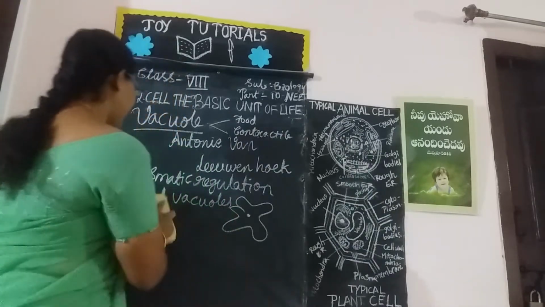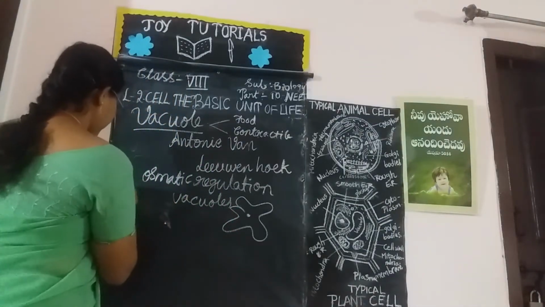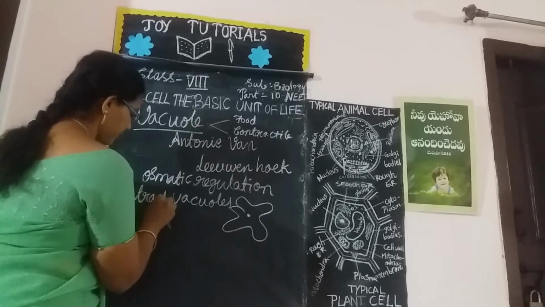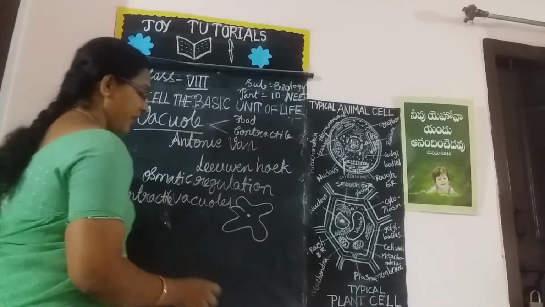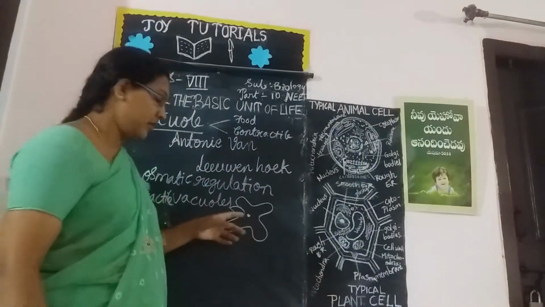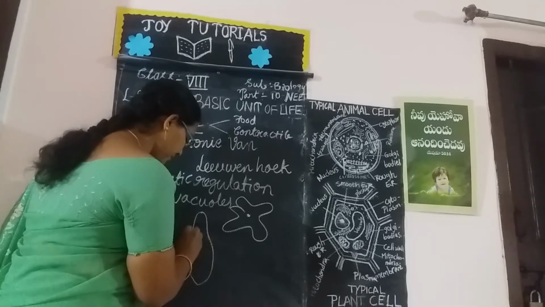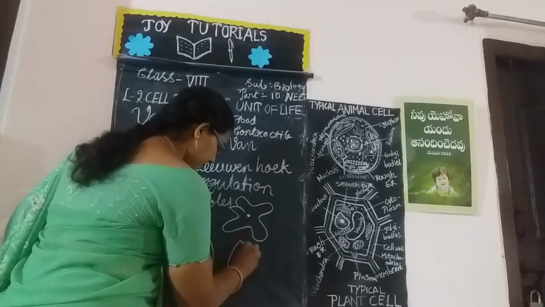Next one, contractile vacuoles. We will see amoeba, paramecium, chlamydomonas.